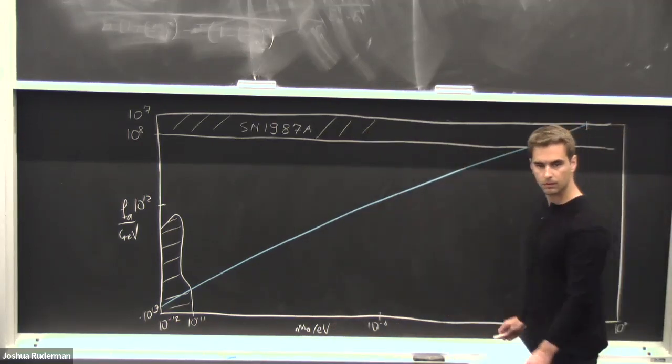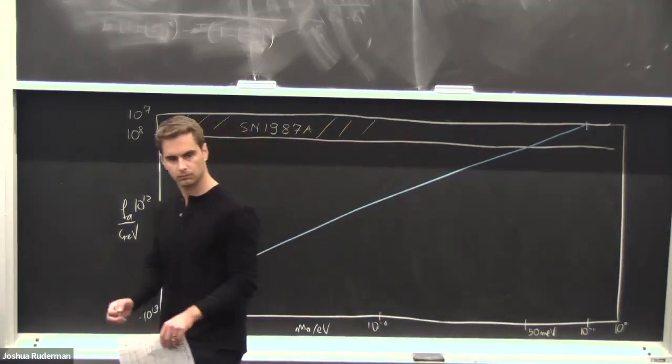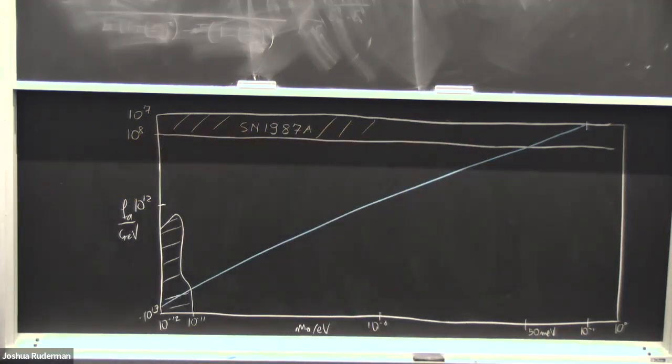There was this work building on fuzzy dark matter by Ostriker, Tremaine, and Witten, arguing for much lighter masses, about 10 to the minus 22 eV. I thought they were invoking FA of order the Planck mass.